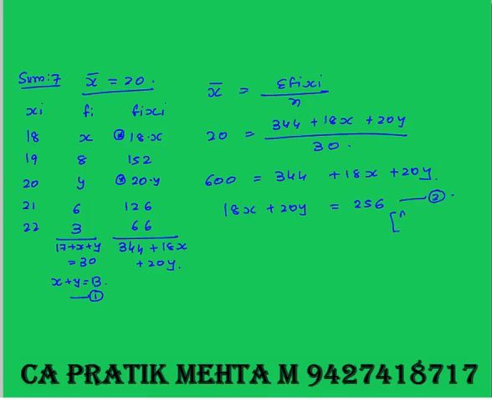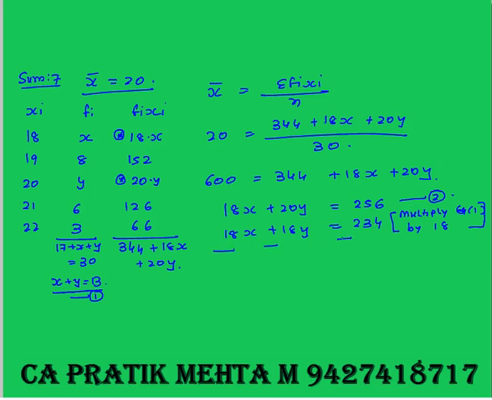Now let's multiply equation 1 by 18 to get the simplification. Equation 1 was x plus y is equal to 13. So let's multiply it by 18. Can we say 18x plus 18y is equal to 13 into 18? That comes to 234.